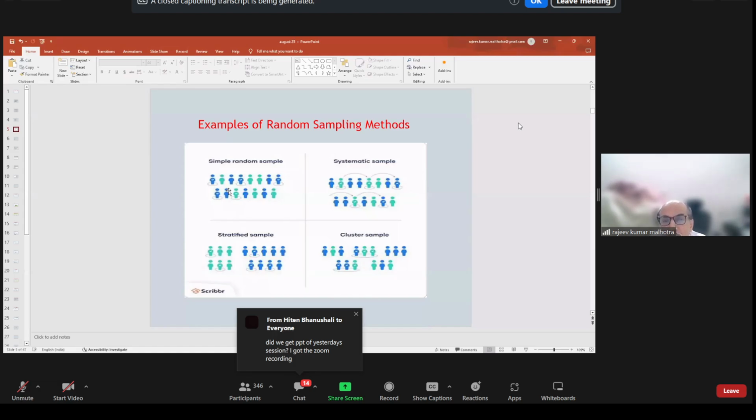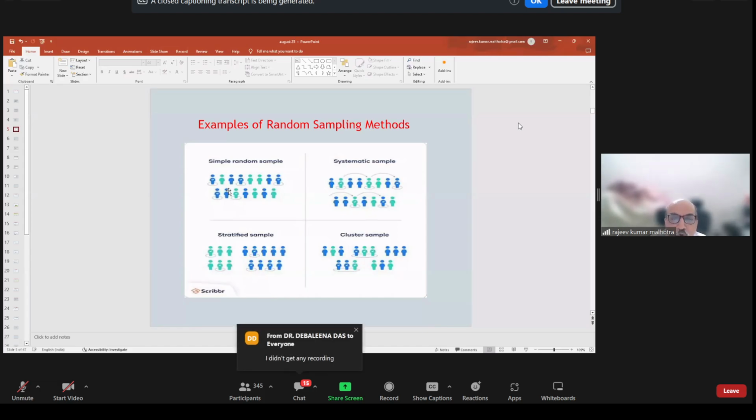Fourth is cluster sampling. In cluster sampling, we divide the population into a number of clusters, and then we select randomly from the clusters and take all the subjects in that cluster. So what is the difference between stratified and cluster?